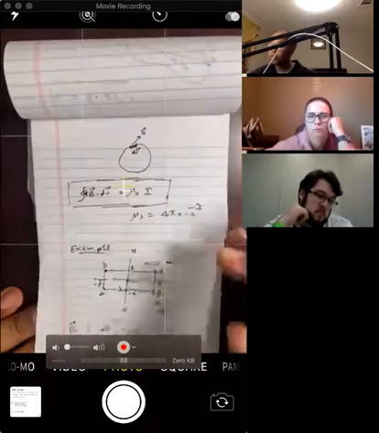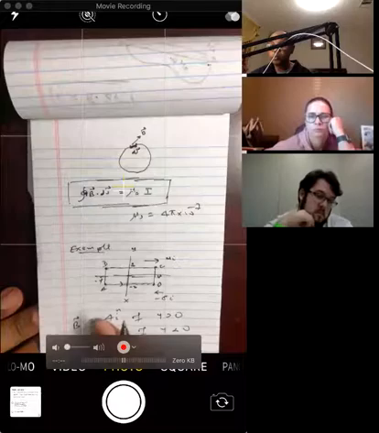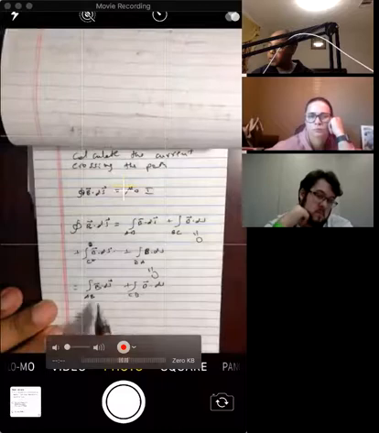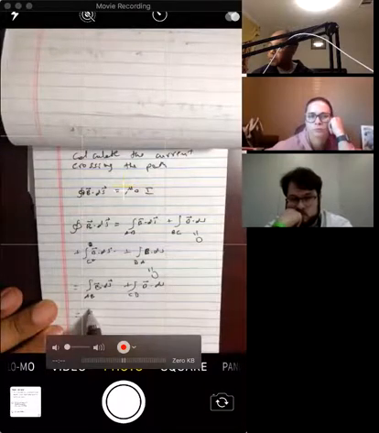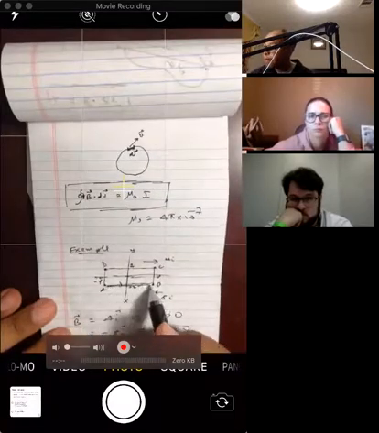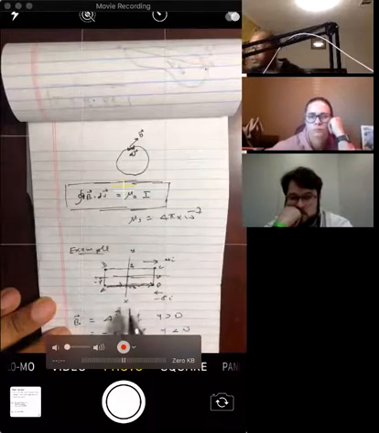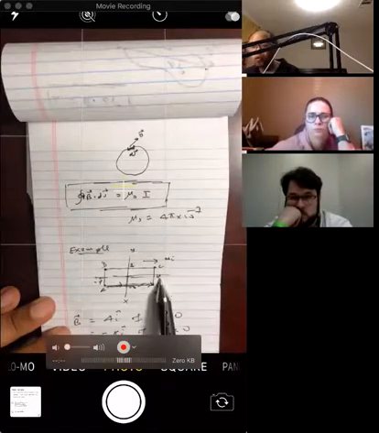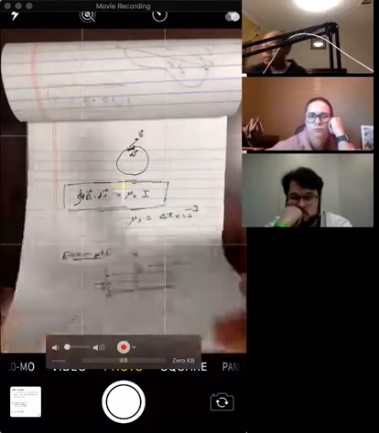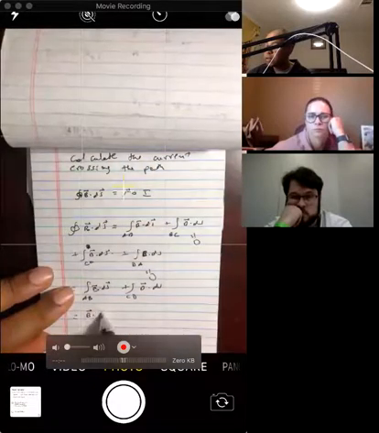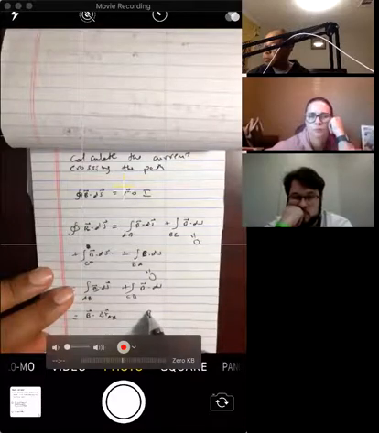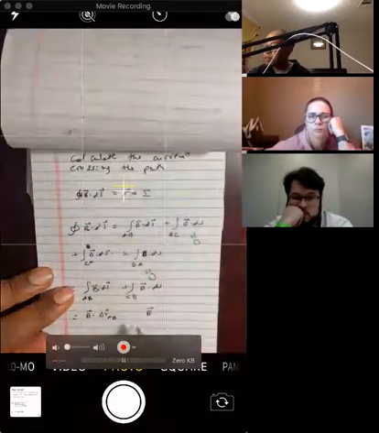Now, remember our fields are constant, so I can use the formula B dot delta R. So this one over here is B dotted with this position vector over here. This is my delta R for this one, which goes from -4 to 4, that is 8 in the I. This vector over here is 8 in the I, right? So that is delta R for AB, and this is going to be B dotted with delta R for CD.